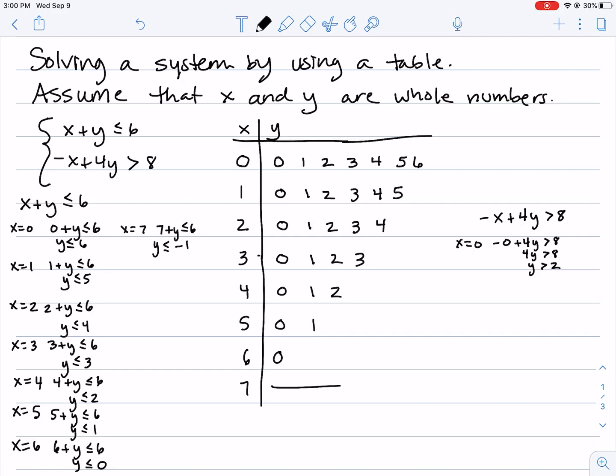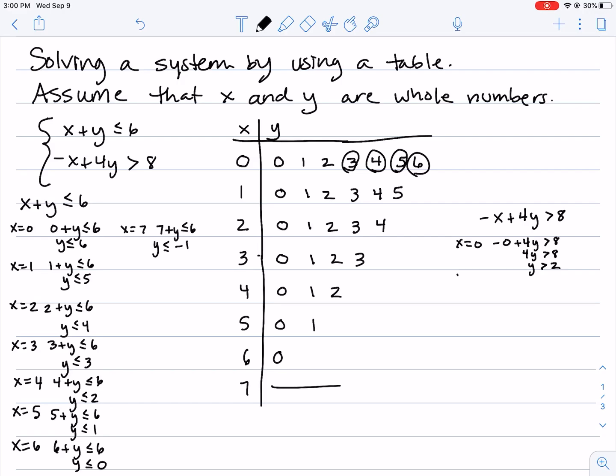So that means I want to somehow mark all of the whole numbers for x equals 0 out of the list from 0 to 6 that's listed, where the whole numbers are greater than 2. So I'm going to circle 3, 4, 5, and 6. So those are going to be solutions to our system.